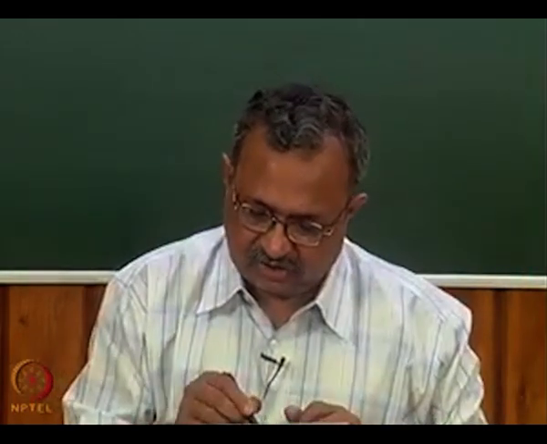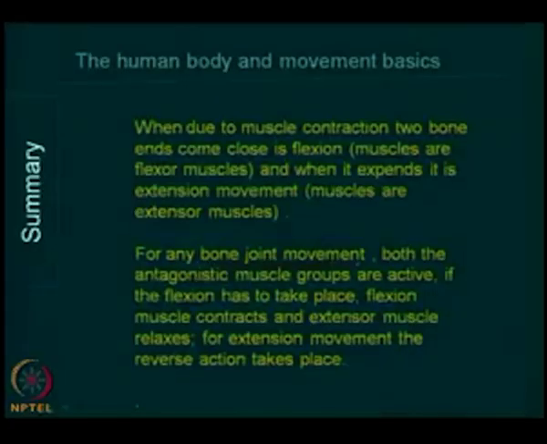So, for any bone joint movement, both the antagonistic muscle groups are active. If flexion has to take place, flexor muscles contract and extensor muscles relax. For extension movement, the reverse action takes place, with coordinated movement of all these.